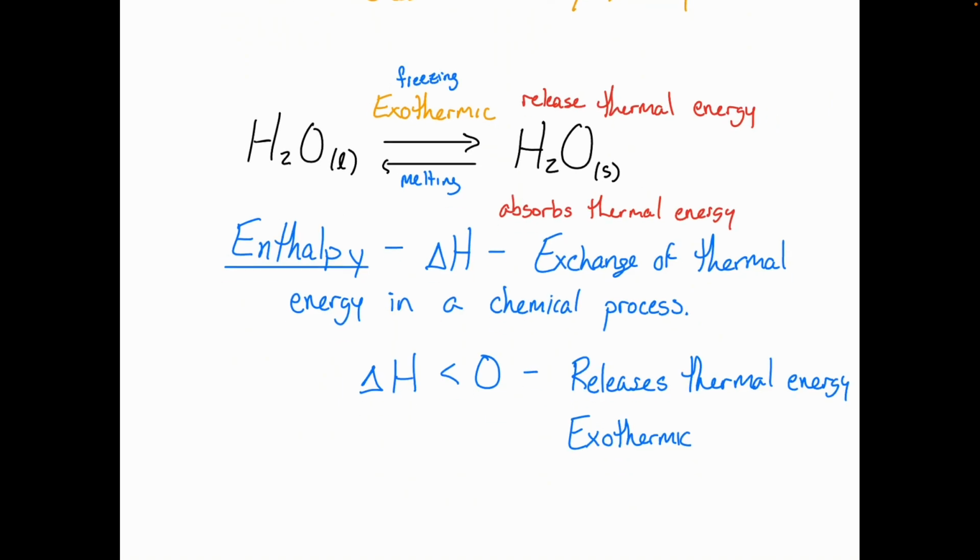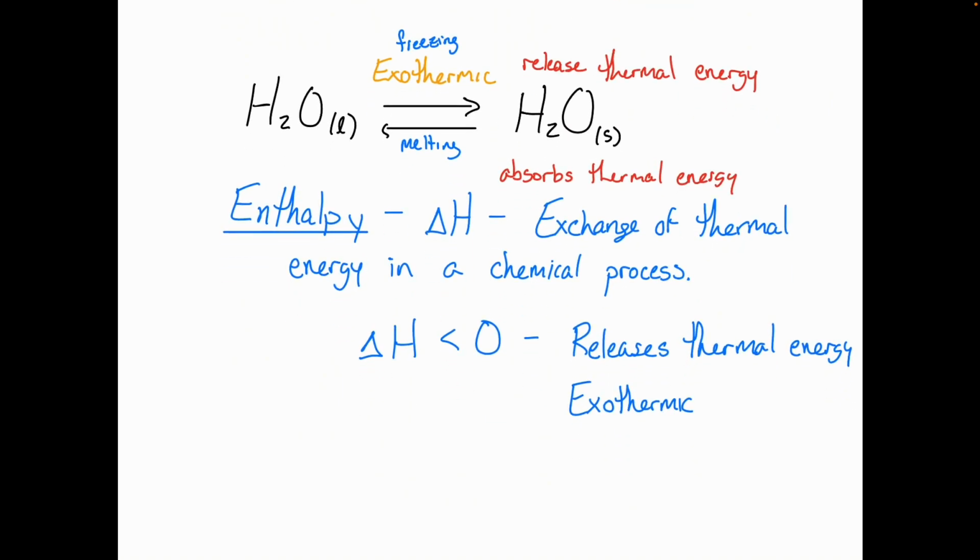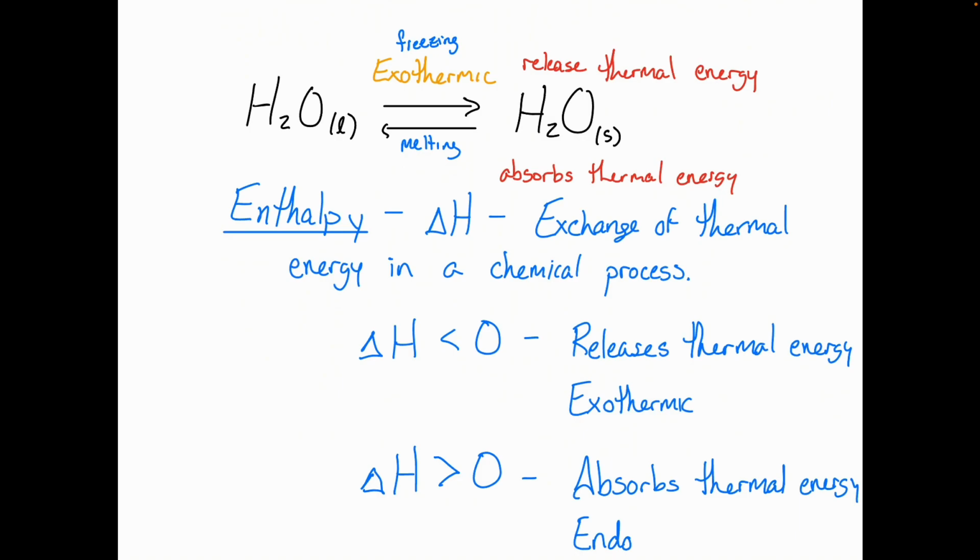All right, we got a fancy term for that as well. If a process is absorbing thermal energy, that means that the delta H is positive, greater than 0. And we call that an endothermic process.